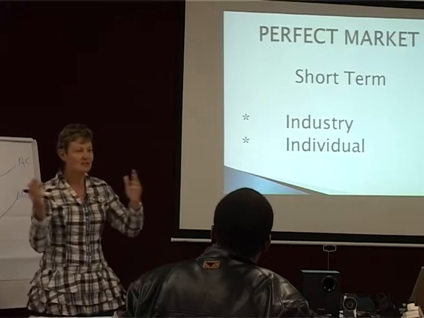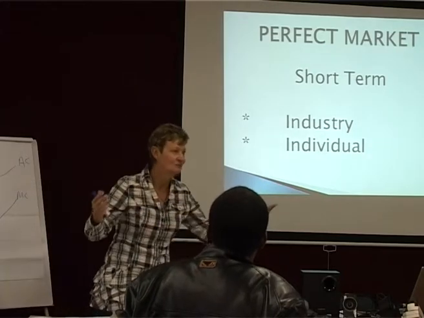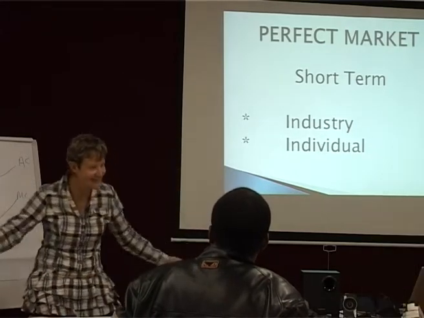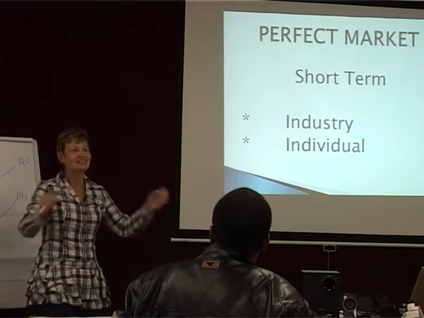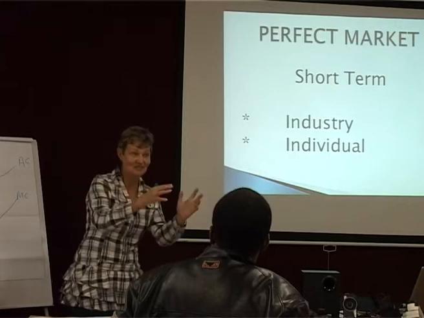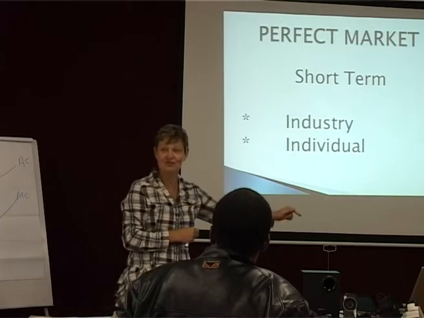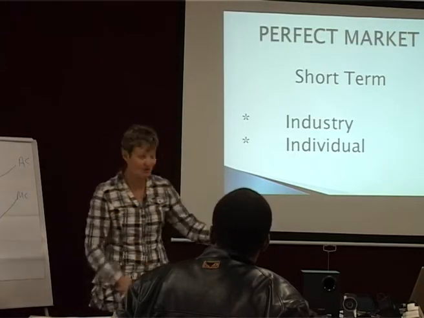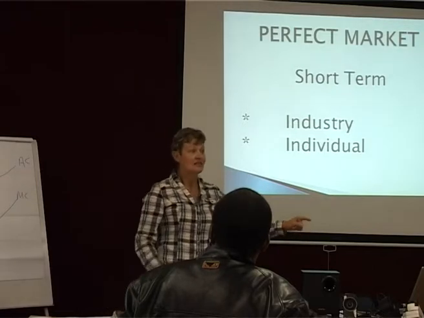What can you tell me about the many sellers, the many buyers, homogeneous products? So you bring the children back and say, remember, that's the market we are working with. The perfect market where they are busy with the industry.